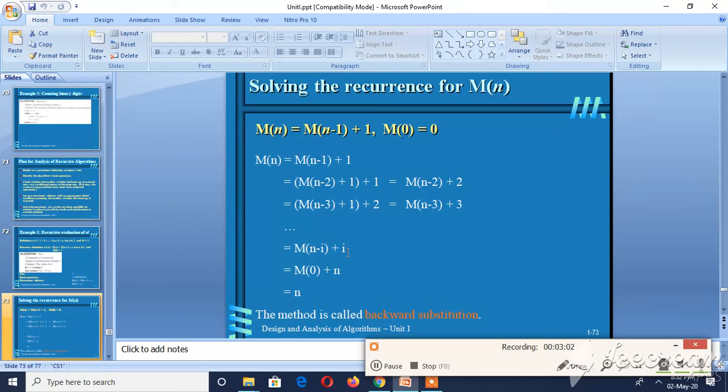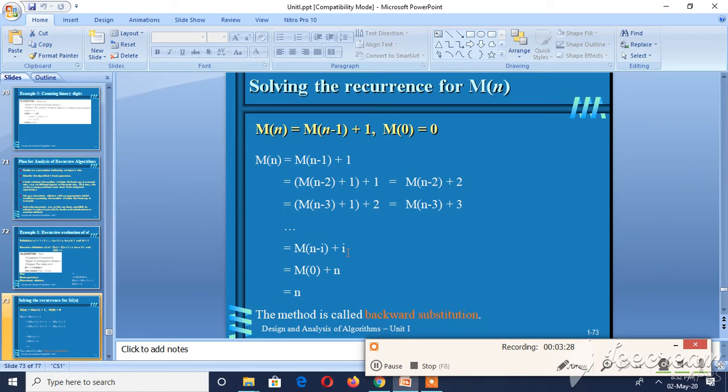First you have to substitute the n value here. If you substitute the n value as 0, the output will be 0. Now based upon the values of n, 0, 1, 2, the values will change here. So this method we call backward substitution.